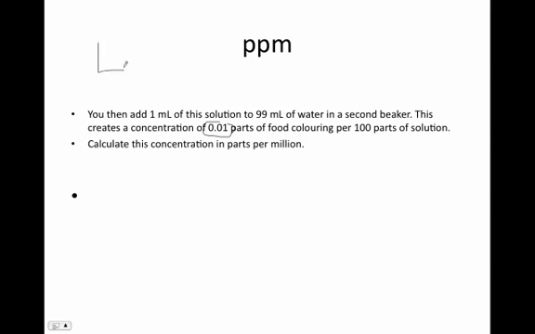So we started out where we had 1 mil out of 100, and now we're saying let's take 1 mil of that and put it into a beaker and fill it up. So now we have 0.01 out of 100 for food coloring.